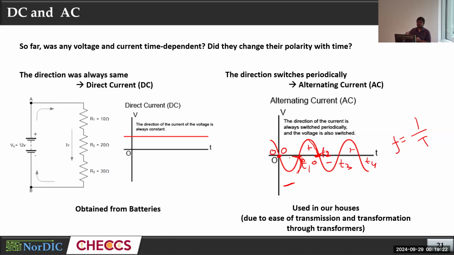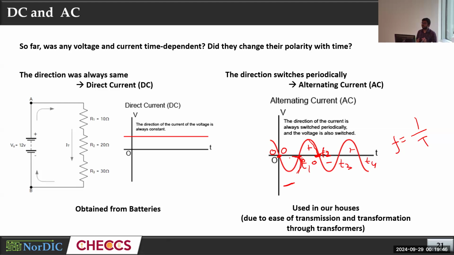That's better for your products, instead of pulsating positive and negative current. If the voltage is positive and negative, the current will also be positive and negative, just divided by resistance, right? So from the current perspective, DC is always better because it's constant. But for distribution and transmission, AC always wins.